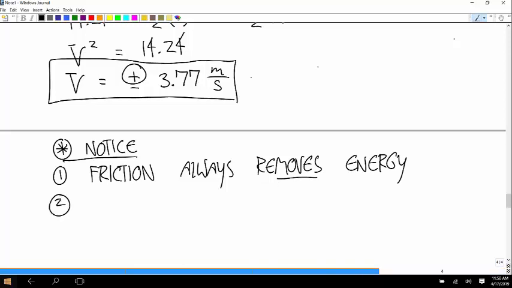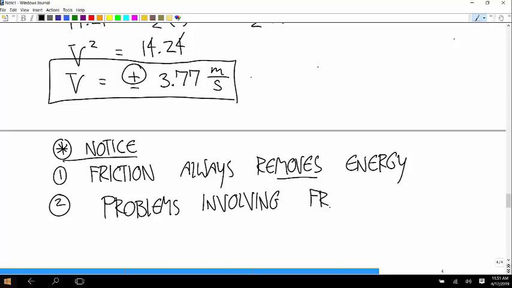And second, problems involving friction often get much more complicated using an energy approach.